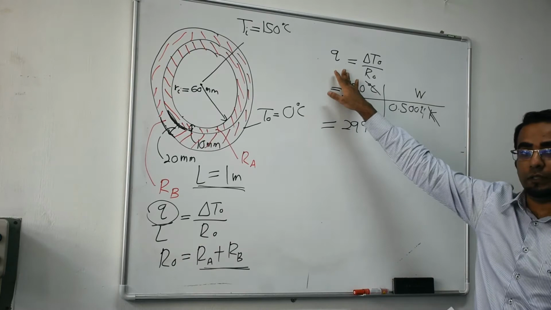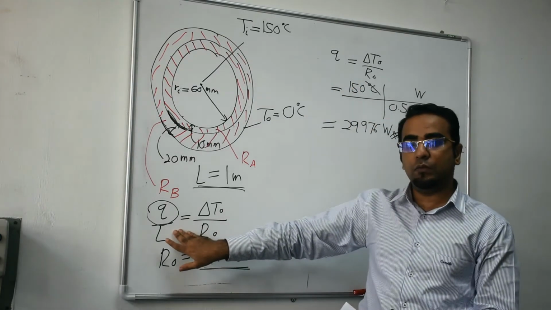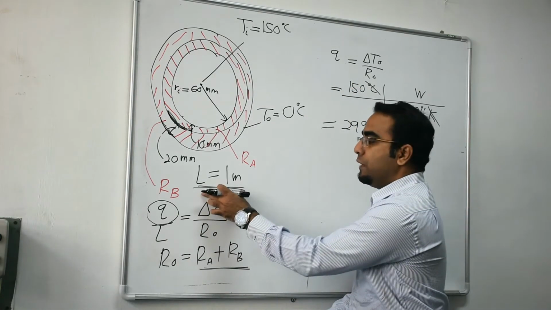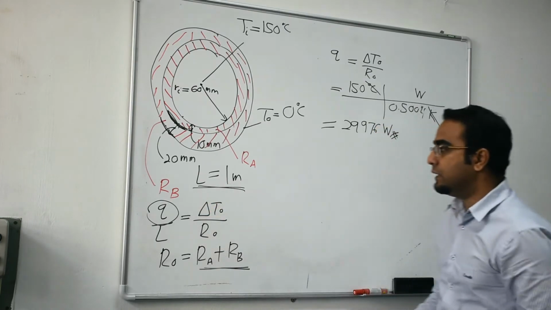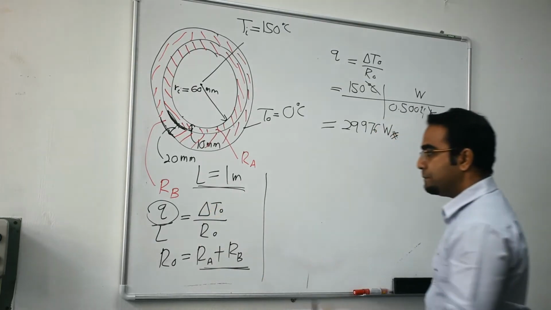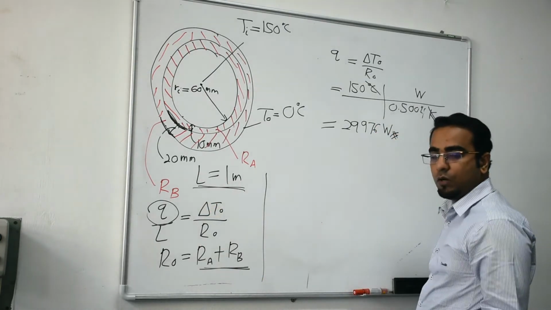Okay, so it is important for you to understand when you are using this equation and when you are using the other equation. This equation you will use when the value of L is not given. So let's say if the L value is not given, what will happen to your R value?